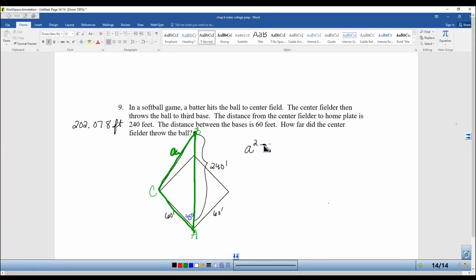So A squared is equal to C squared, 240 squared, plus B squared, 60 squared, the order doesn't matter, minus 2 times 240 times 60 times cosine of 45.